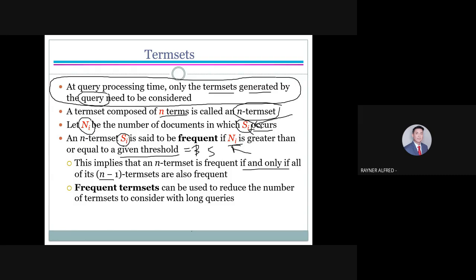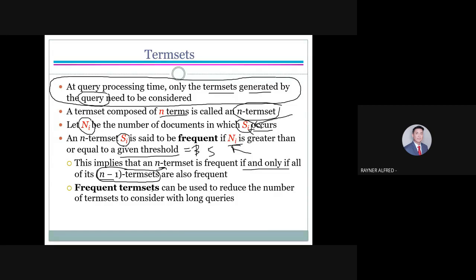So that means if this is a subset of your term set here, and this is frequent, that means the subset is also frequent. So why do we need to define this frequent term set?